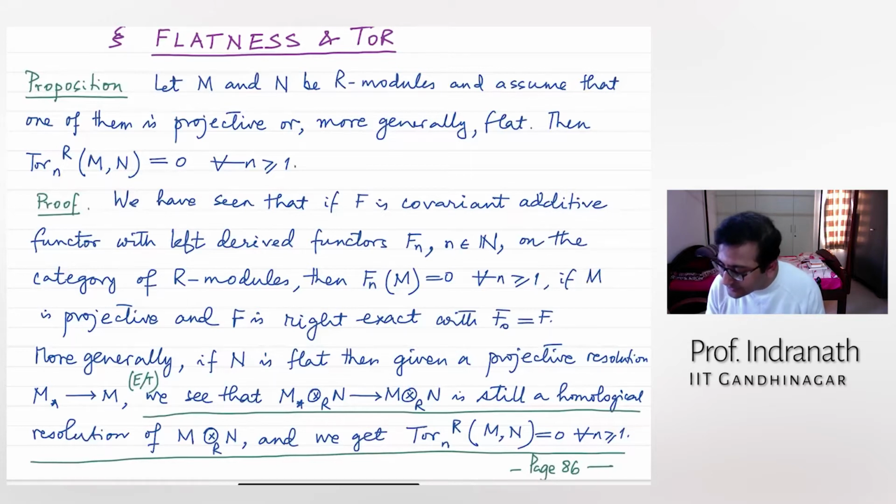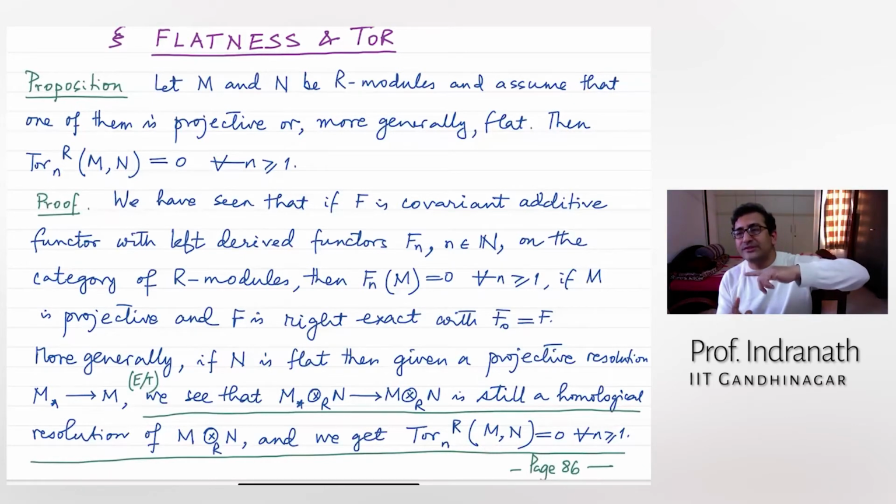So how do you prove this finally? That is exactly what I'm trying to discuss: if you start with a projective resolution of M and take a flat module N, then you still have a homological resolution. Now you do not have a projective resolution in general, right? How do you suddenly jump to this conclusion? Obviously you have to show some isomorphism at the homology level.